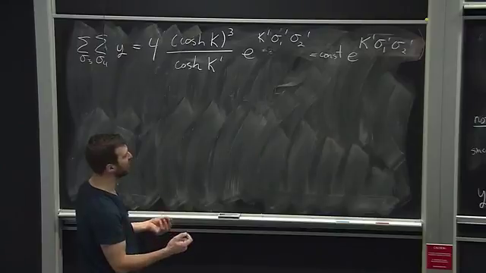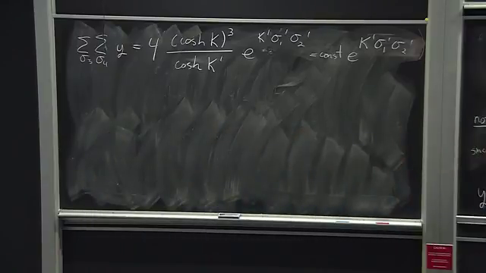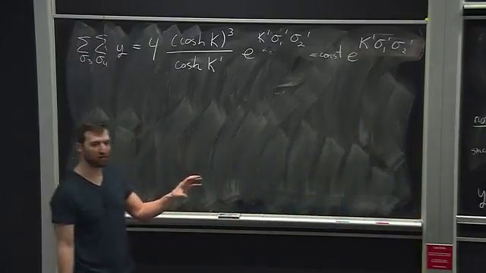So the way that K prime scales is actually the important piece. It's the important piece of the RG here. By analyzing that equation, you can determine essentially all the critical properties of your system.